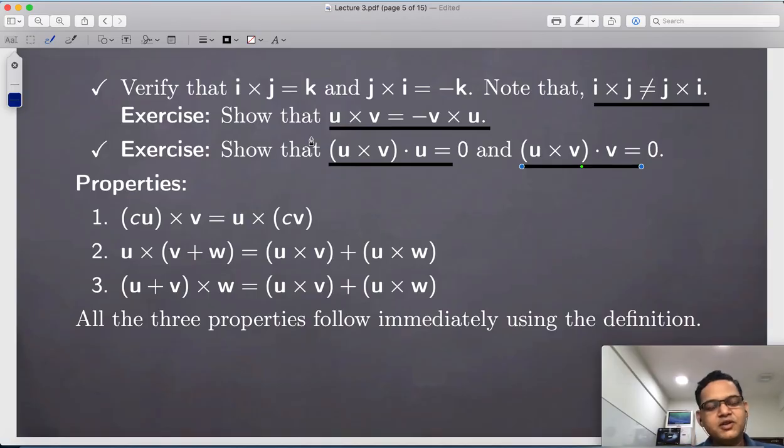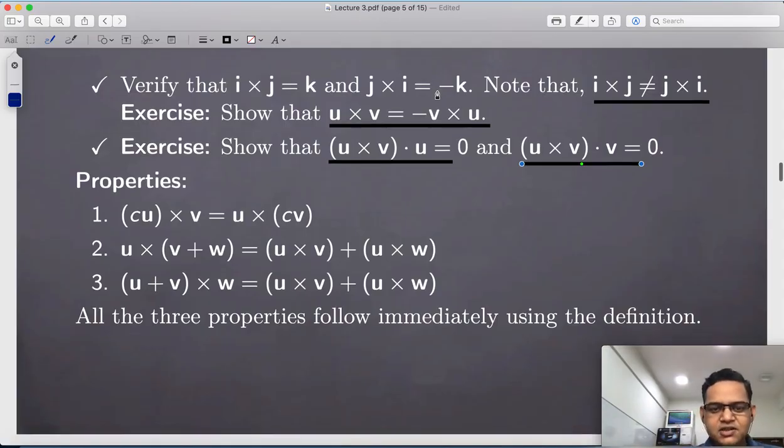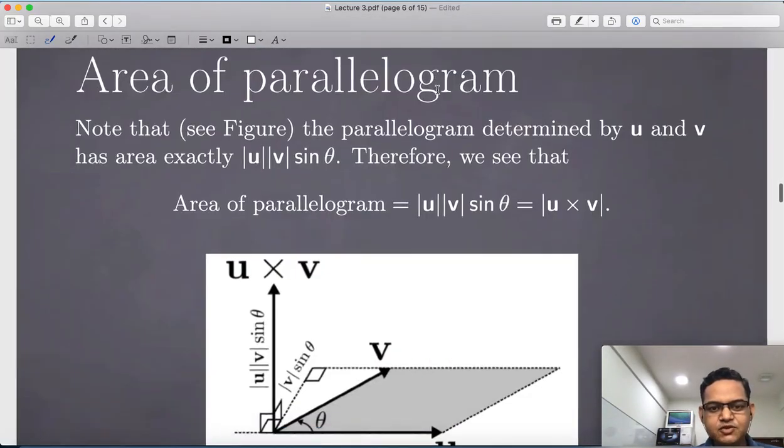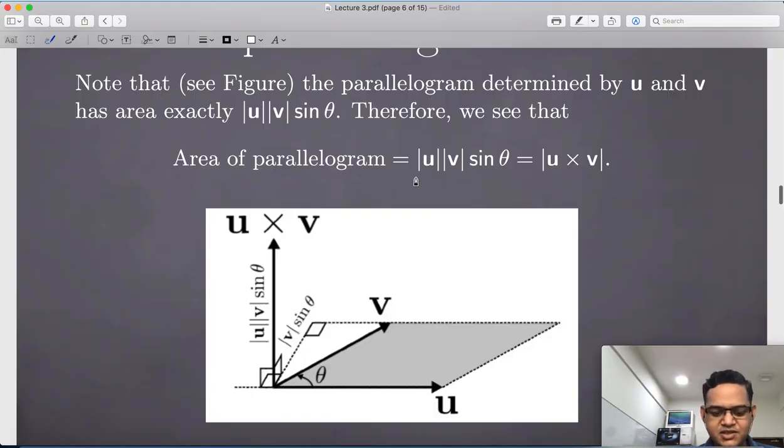Along with these three properties, you will be left with scalars, which are going to be components of u and v. So basically you have to just apply this distributive law, and then you will be doing the cross product of these unit vectors. Then you collect them, and you will see that you get whatever you are trying to prove.